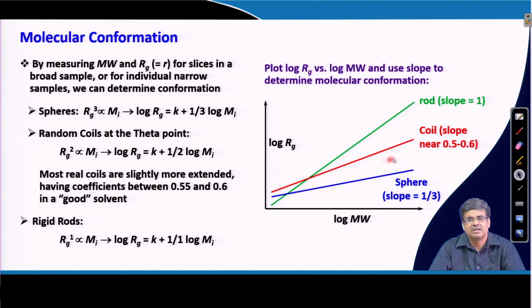In that case, there is a coil shape, and for 0.5 the solvent is a theta solvent. So, if the polymer size is large so that we can use the light scattering detector to determine the Rg, then we can get some idea about molecular conformation using this technique as well.